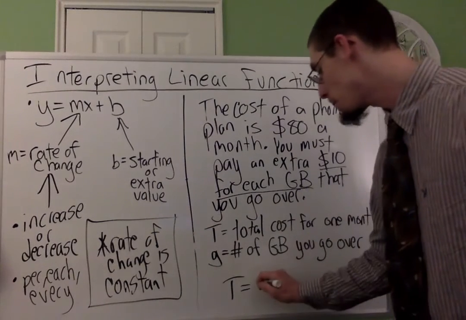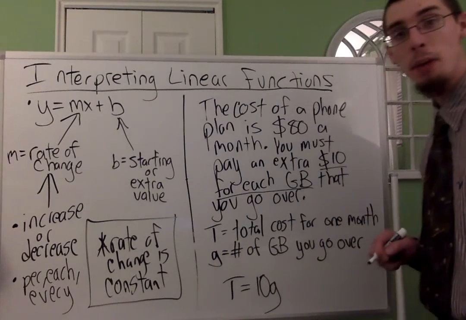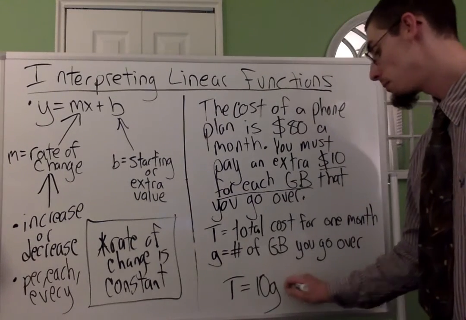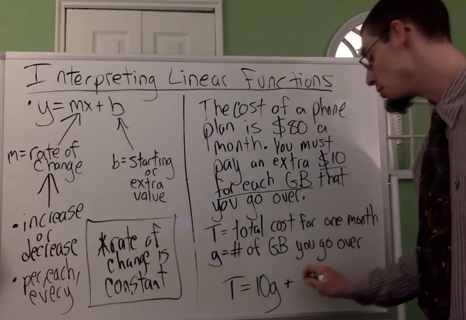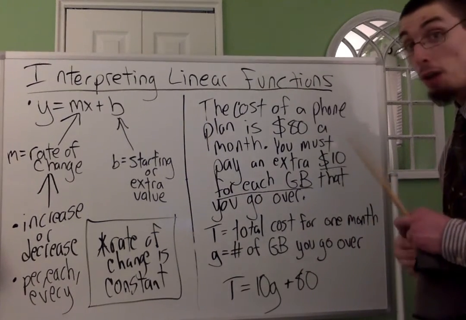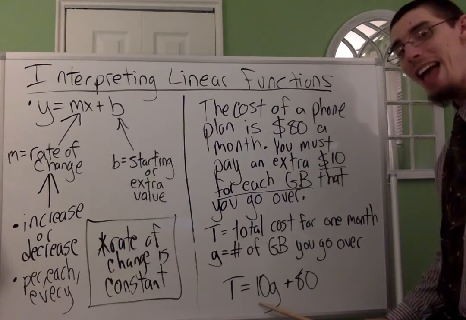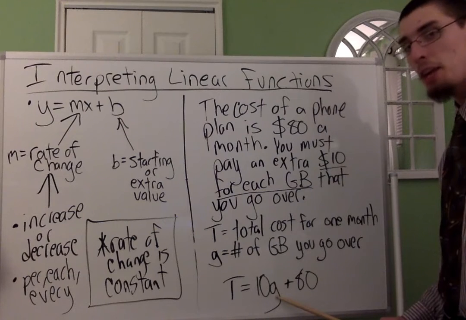So wouldn't that mean you're paying $10 for each gigabyte plus your starting value, that $80, right? In a month, you're paying 80 plus 10 for each gigabyte that you go over.